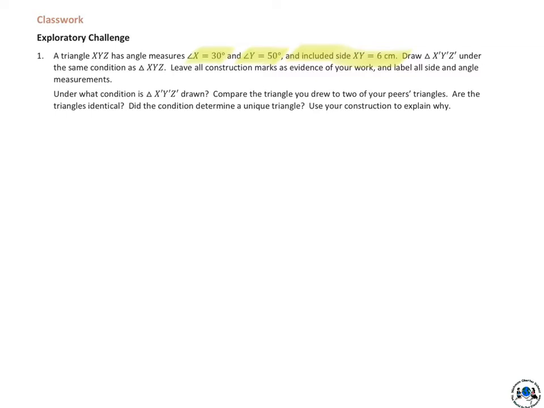Go ahead and draw triangle X prime, Y prime, Z prime under the same conditions as XYZ. Leave all construction marks as evidence of your work, and label all side and angle measurements. Answer these later after you're done: under what condition is X prime, Y prime, Z prime drawn?